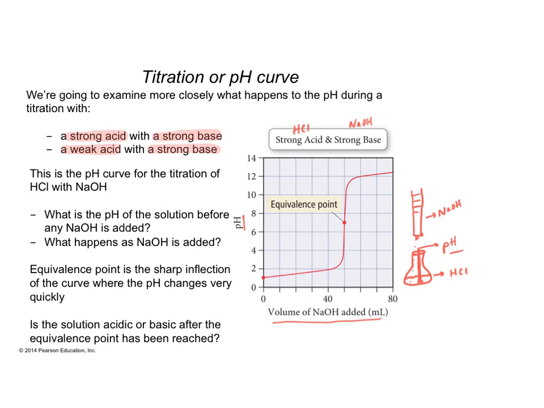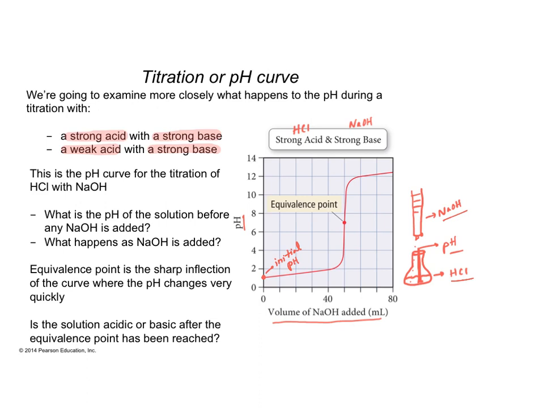There's going to be a couple of different points in this curve that are going to be important. Number one is the first point right here. This is something that we'll call the initial pH. The initial pH, or initial point in this titration curve, is essentially just going to be the pH of the HCl before we've actually added any NaOH, okay?